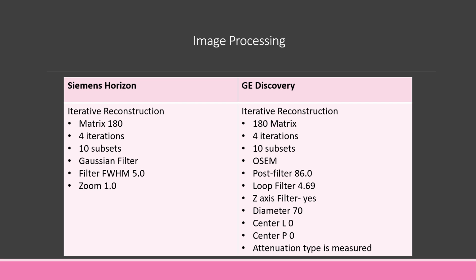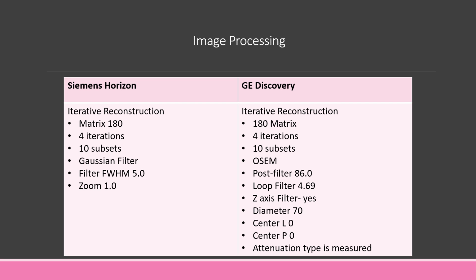So for the image processing, if you're using a Siemens Horizon, the matrix is 180. You'll do 4 iterations of iterative reconstruction with 10 subsets. Use a Gaussian filter, full width half max of 5, and a zoom of 1. If you're using a GE Discovery, 180 matrix, 4 iterations, 10 subsets, this is an OSEM.